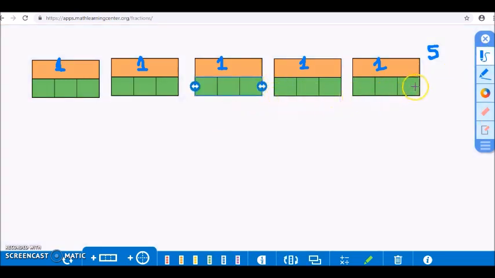Each of these green shaded squares represents 1/3.